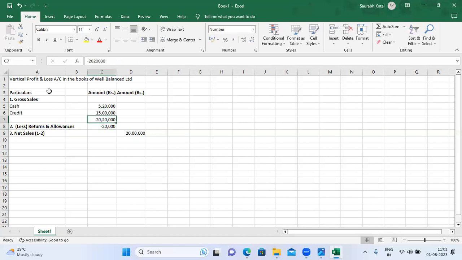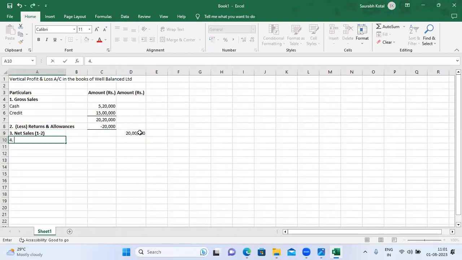Let me also put this line. Gross sales total is 20 lakh 20,000. Then we have allowances, and then the amount we write in the last column, that is net sales. Net sales is how much? 20 lakh.